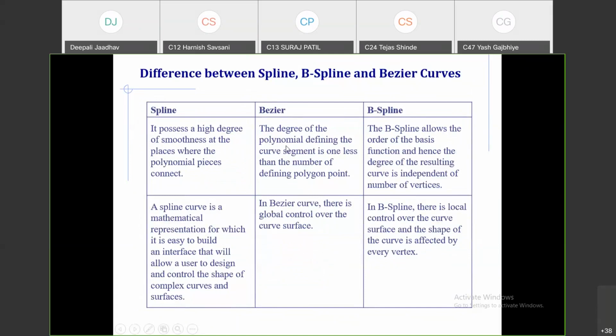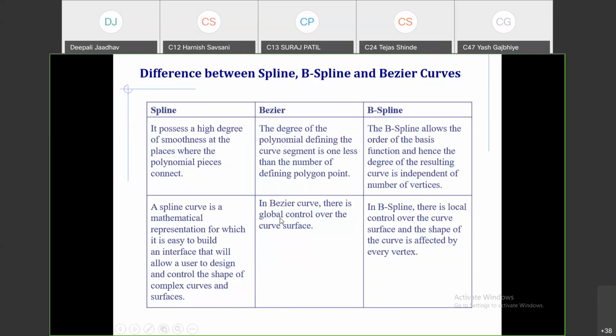The degree of the polynomial defining a curve segment is 1 less than the number of control points. The B-spline allows the order of the basis function, and hence the degree of the resulting curve, to be independent of the number of vertices. A spline curve is a mathematical representation for which it is easy to build an interface that will allow a user to design and control the shape of complex curves and surfaces.